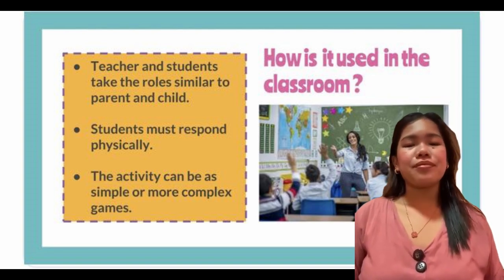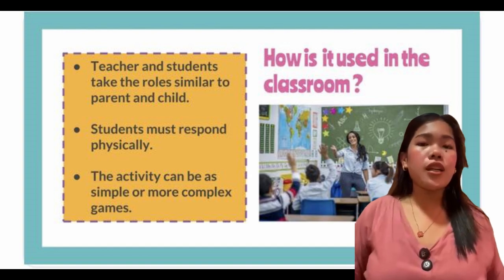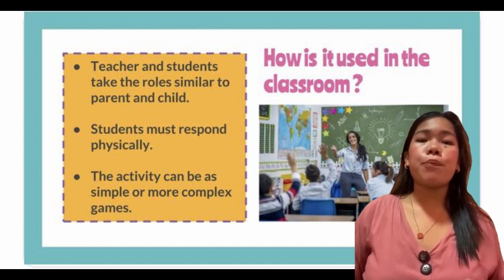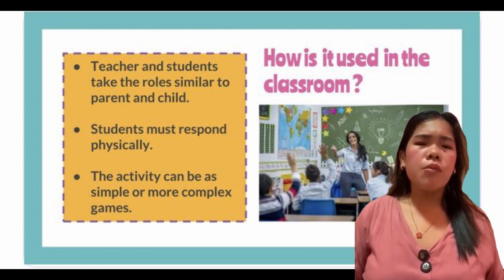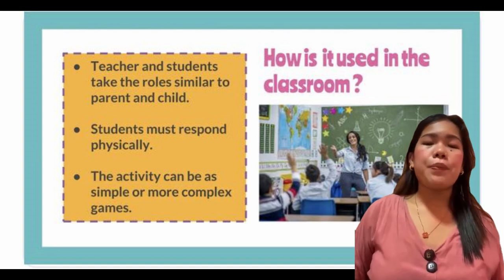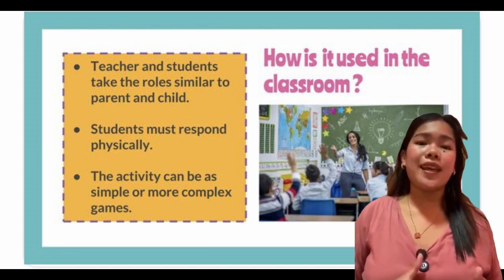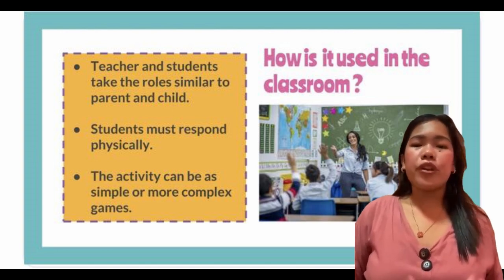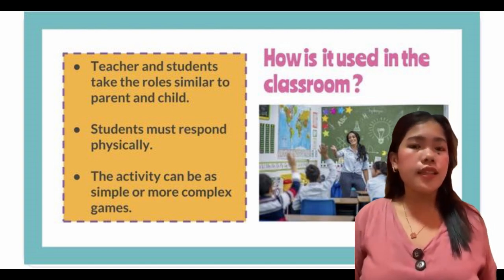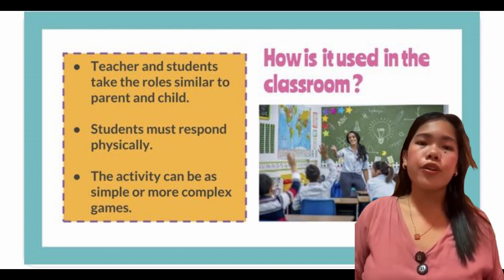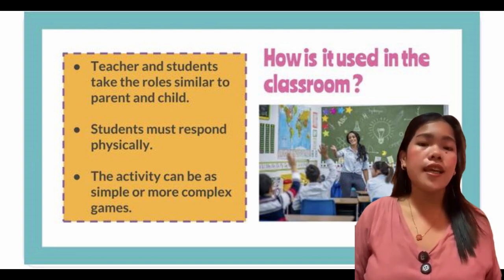Correct? So for the third one, the activity can be simple or more complex games. Total physical response activities can range from very basic instructions to more complicated games. They can start with simple tasks like pointing to an object and evolve into complex activities such as role playing or following a series of instructions in a game.